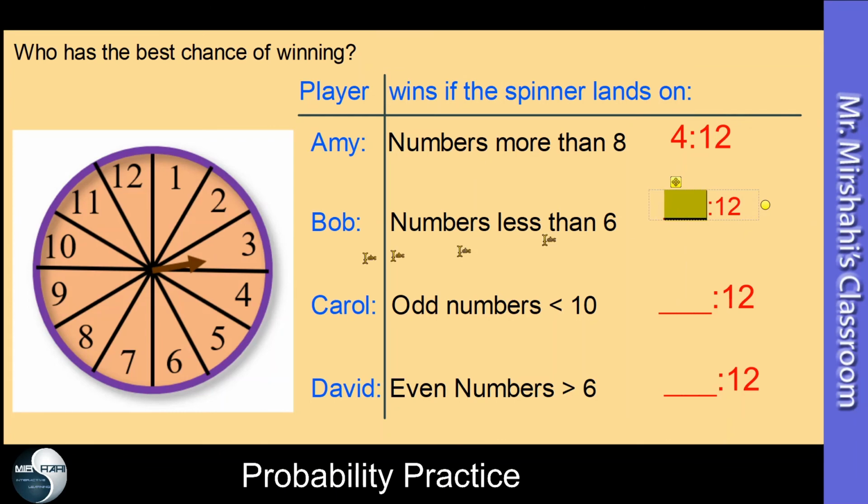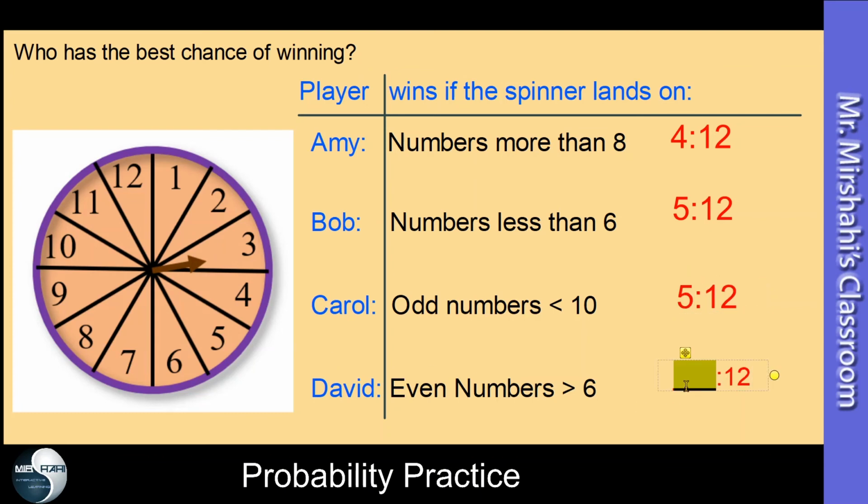Numbers less than 6. 1, 2, 3, 4, 5. So Bob gets 5 out of 12 chance of winning. Carol says odd numbers less than 10. So less than 10, this is odd. 1, 2, 3, 4, 5. 5 out of 12.